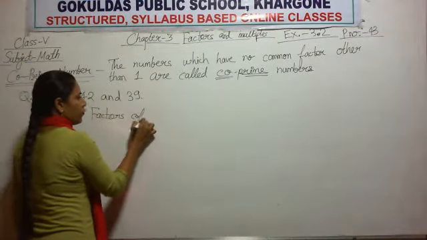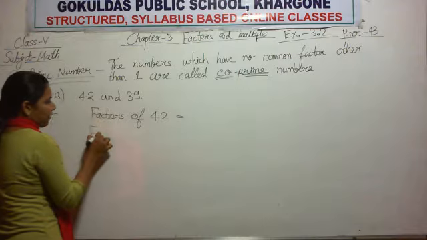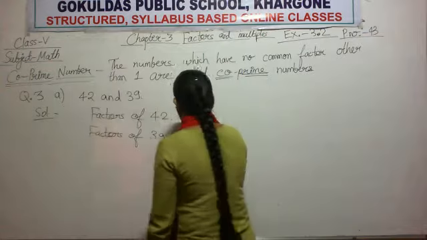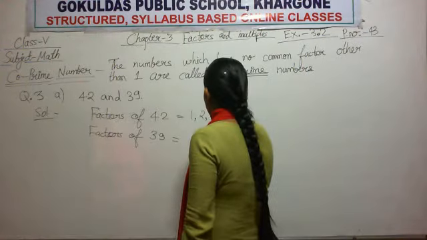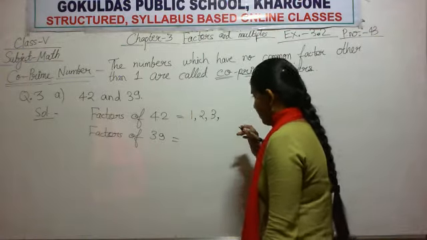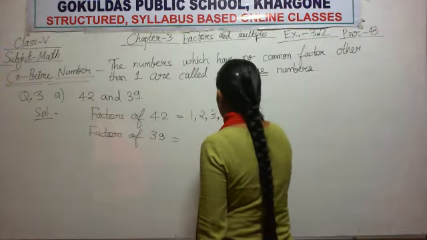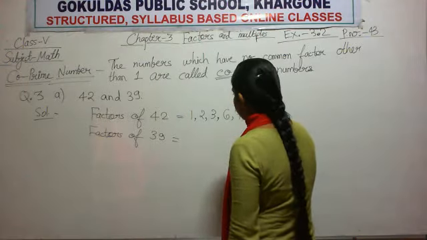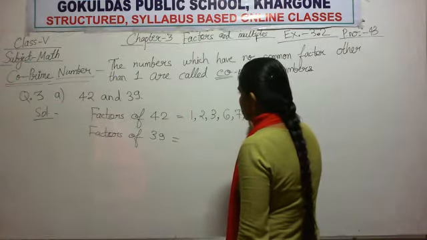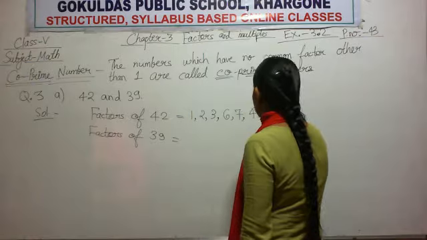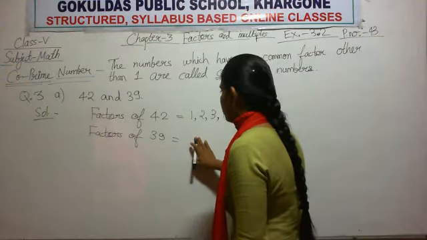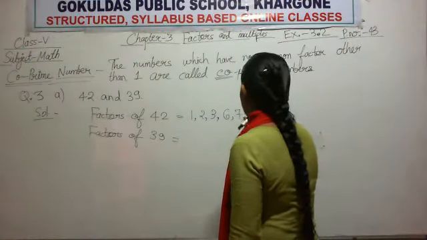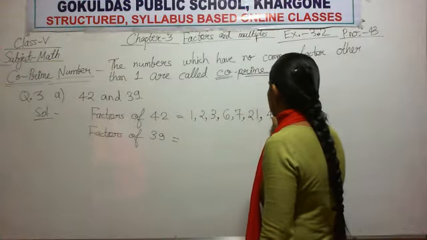So the factors of 42 and the factors of 39. 42 is divisible by 1, by 2, by 3, by 6, by 7, by 21 also, and by 42.